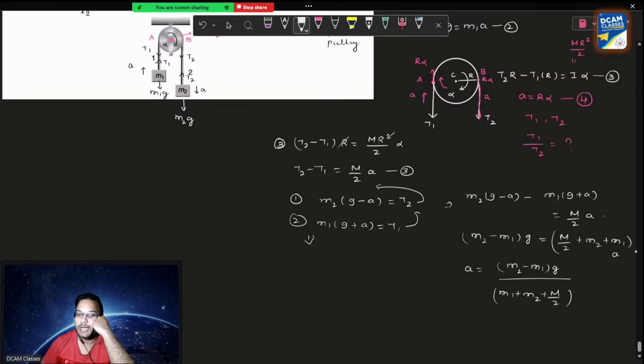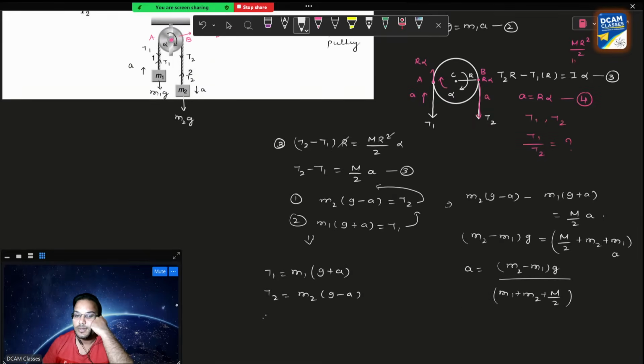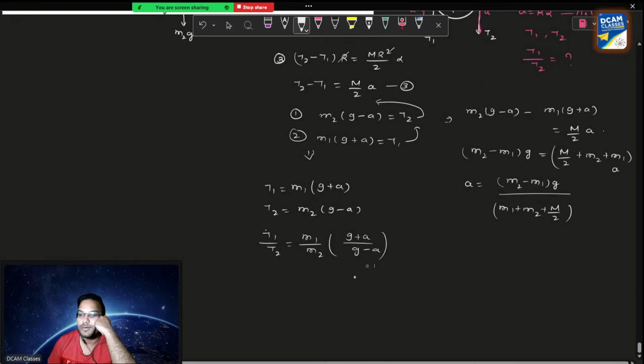From this, you have T1 is equal to m1 into (g plus a), and T2 is equal to m2 into (g minus a). So what he was asking, T1 by T2, is m1 by m2 into (g plus a) by (g minus a). You can simplify it if you want.